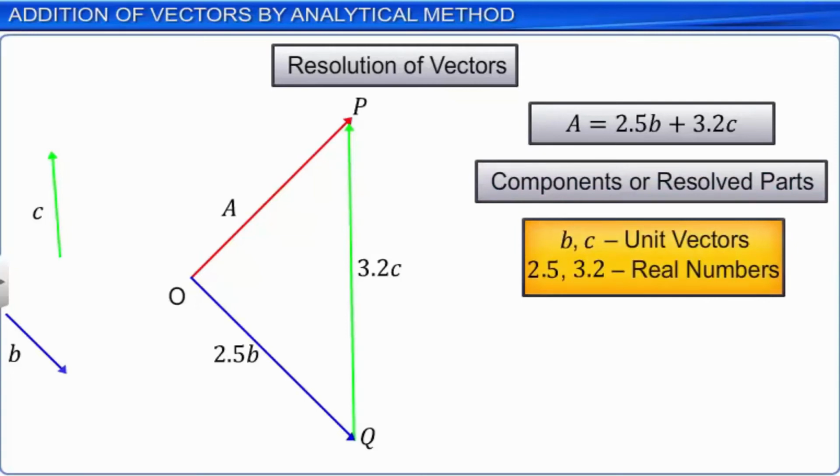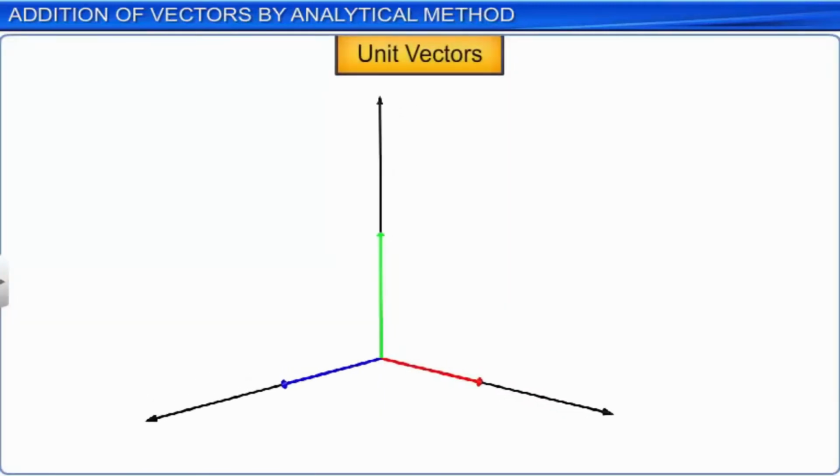Usually, vectors are resolved along the axis of a rectangular coordinate system using unit vectors for convenience. Unit vectors have a magnitude equal to unity, and they indicate a particular direction. You do not specify any dimension or unit for these vectors.